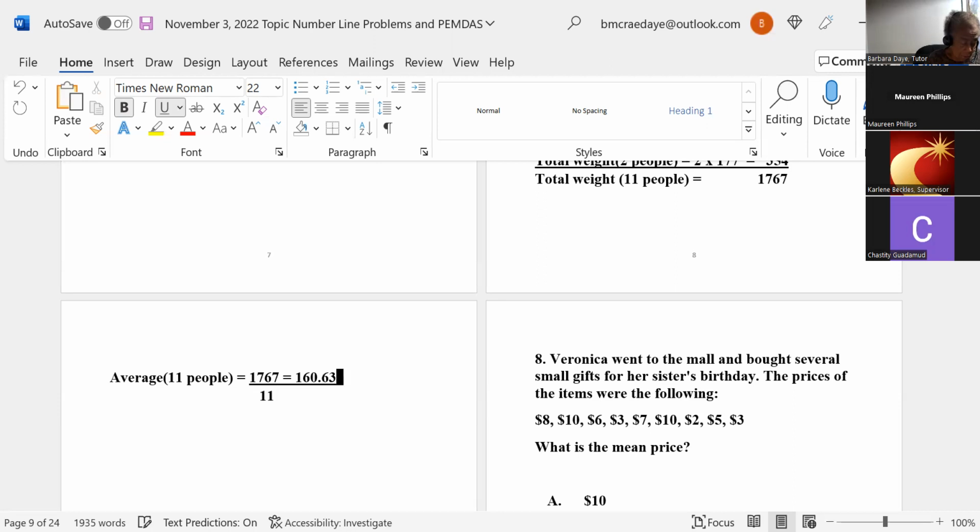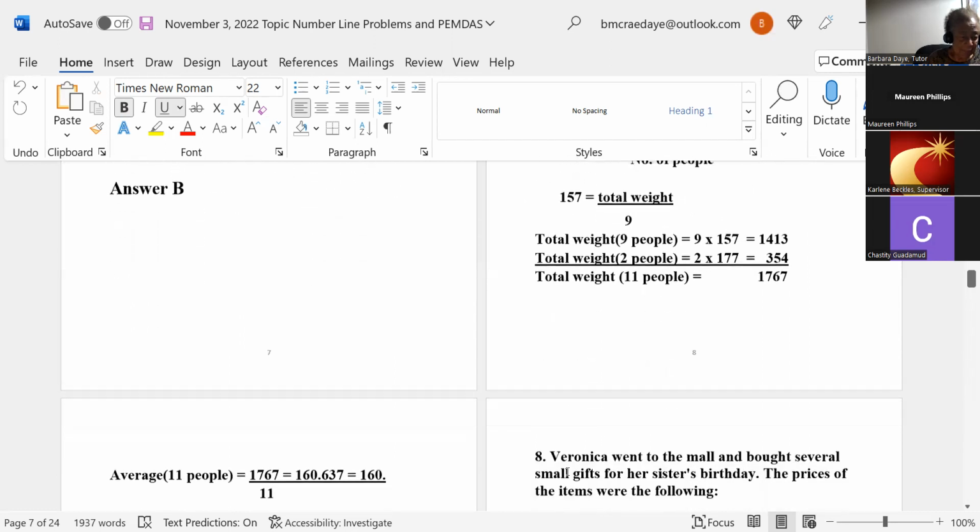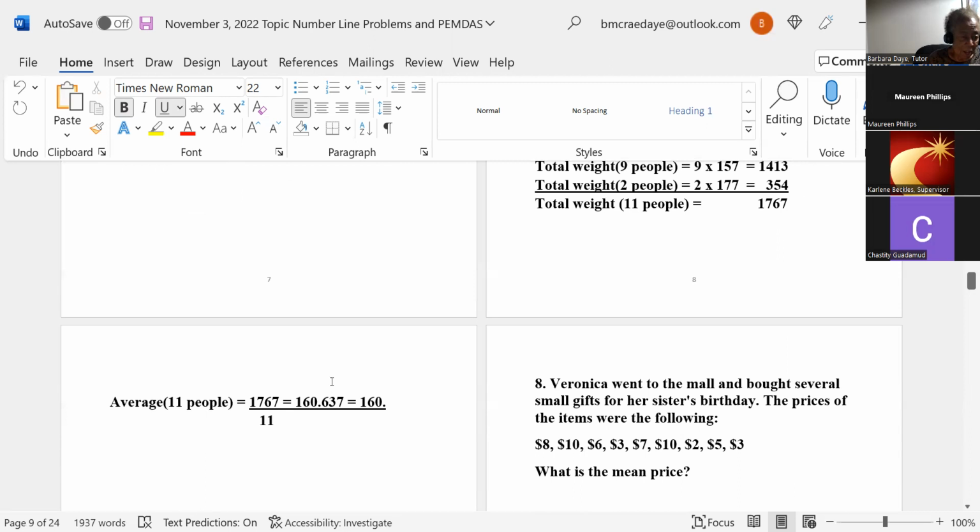And what would it be to the nearest hundredth, Maureen? Let's round it. 160 what? 161? No, nearest hundredth. Go back up there. It says hundredth. That's a decimal place. No, the hundredth place is where you see this 3. So what would it be?